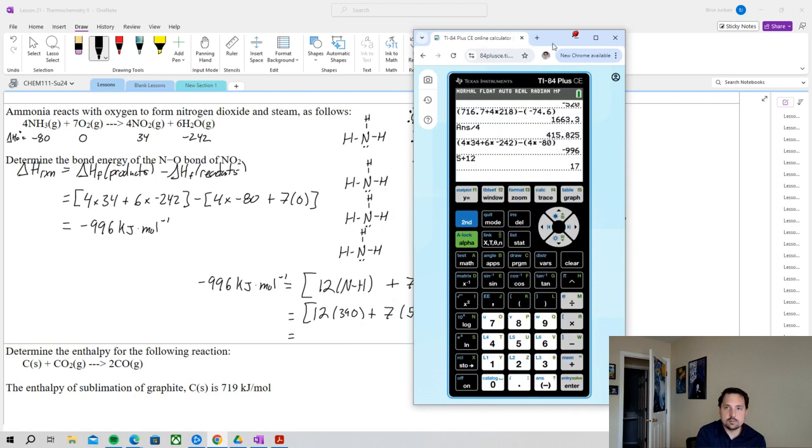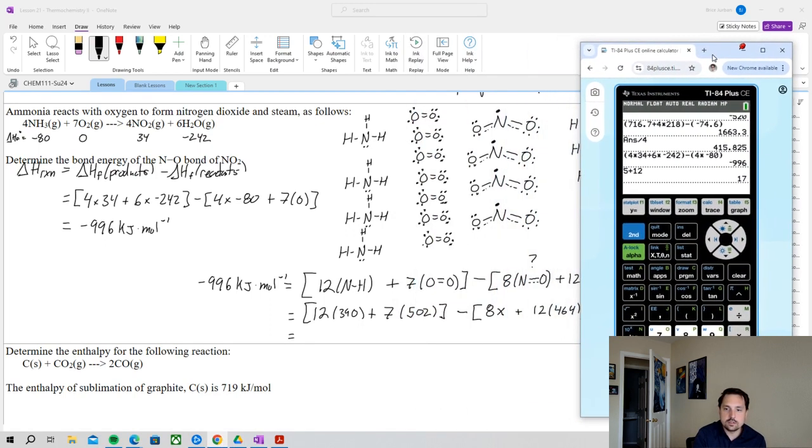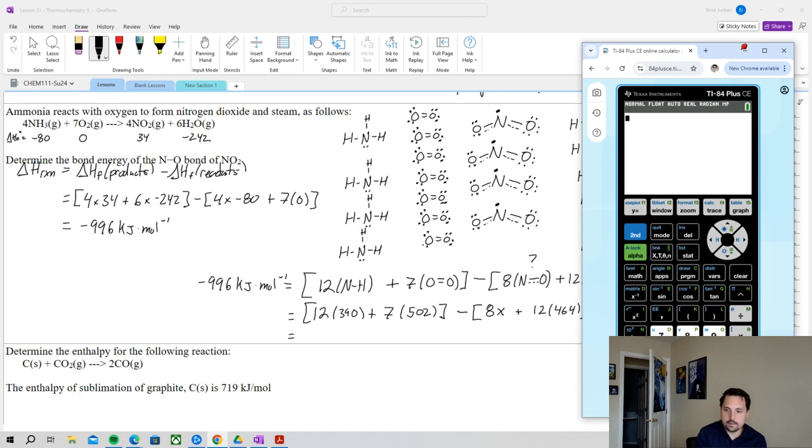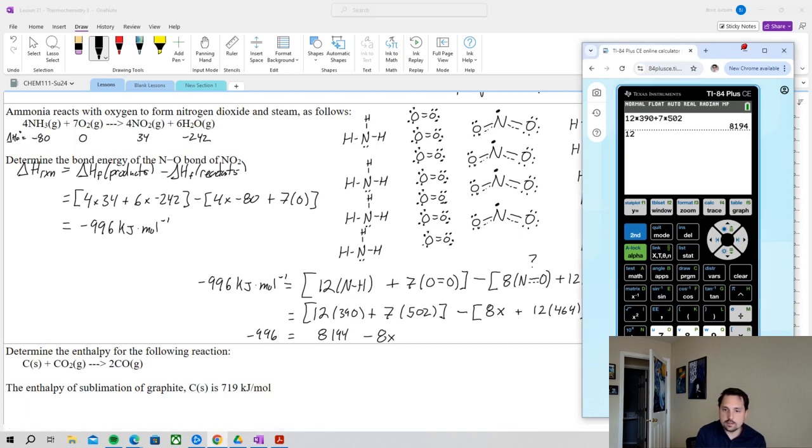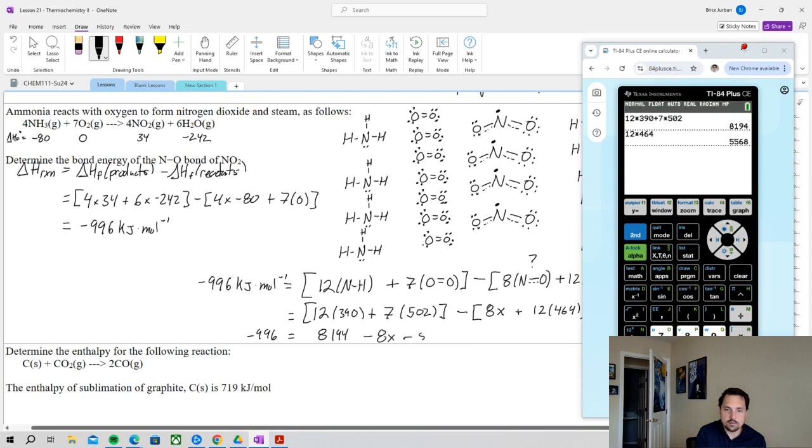Okay, let's go ahead and start to simplify this. So this side here is 8,194 minus 8x, and then I can bring in this negative sign here. So negative 5,568.